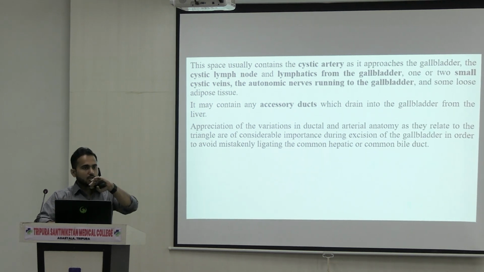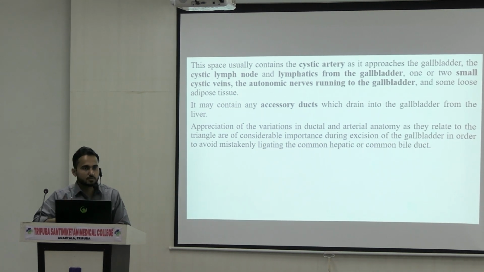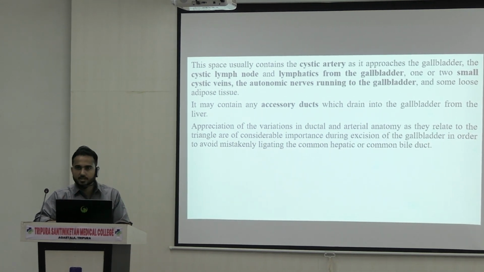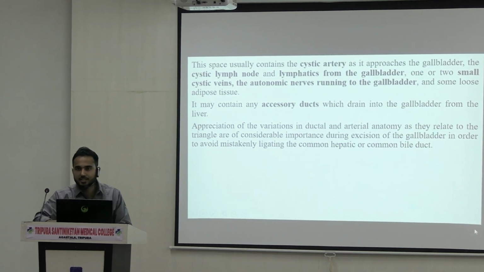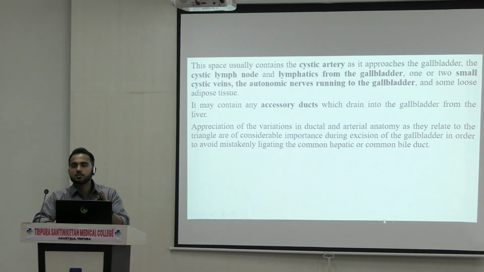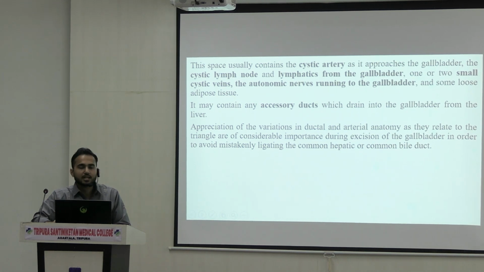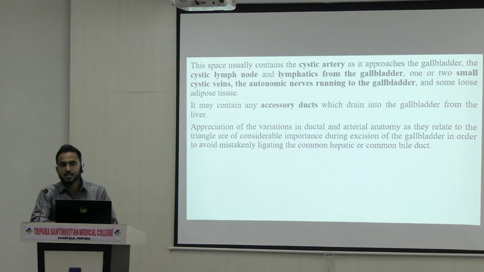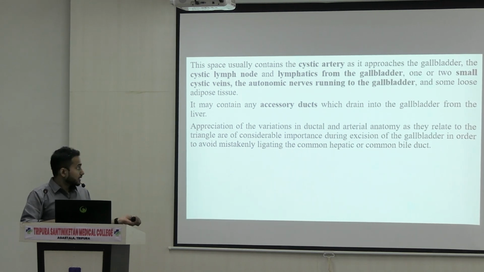Whenever the gallbladder is removed, ligation of the cystic artery should be done, or else there will be bleeding from the cystic artery. Because of the variation in the cystic artery and the cystic duct, care has to be taken so that ligation is done in the case of the cystic artery only, not for the cystic duct and the hepatic ducts. That is the most important clinical significance of Calot's triangle.